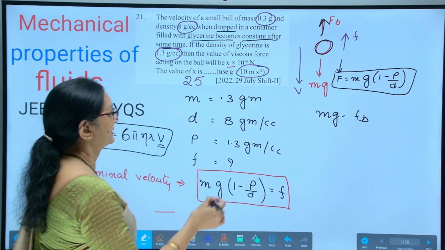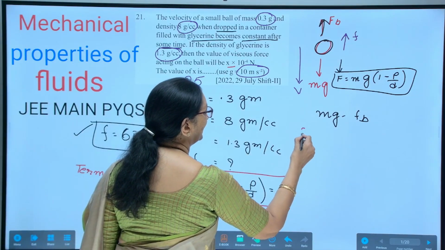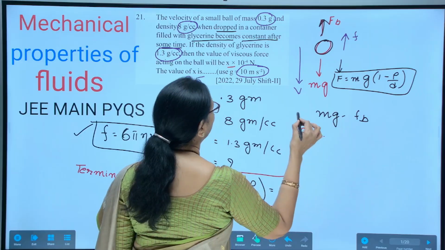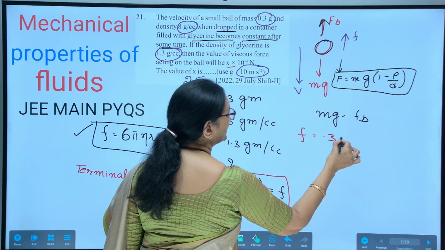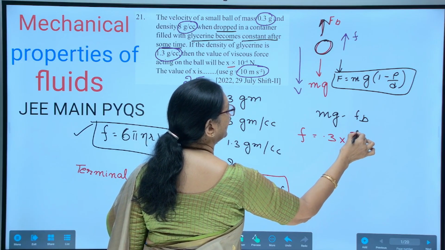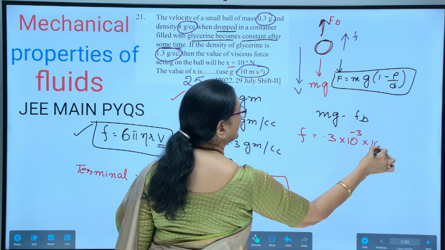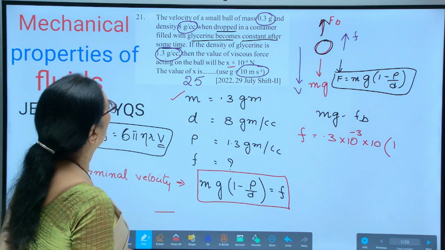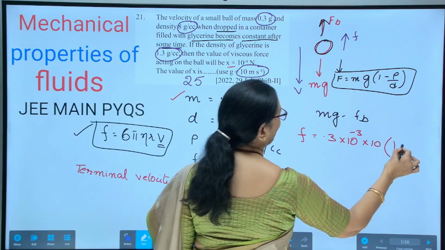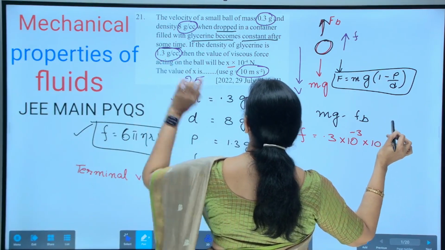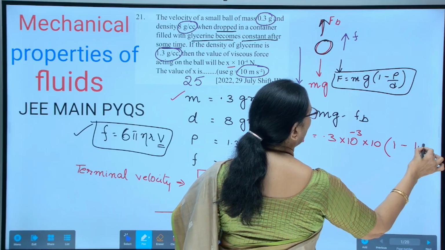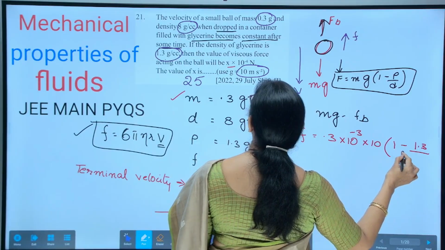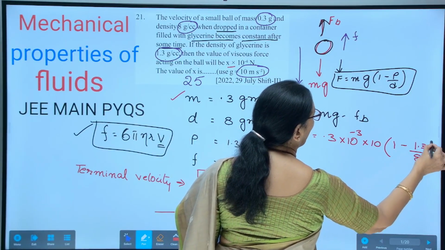So, let us substitute the data given. F is equal to m, mass is given as 0.3 grams, you have to convert that into kg. g is 10, 1 minus rho by d. Rho is the density of glycerin, given as 1.3 gram per cc, and density of the object is given as 8 gram per cc.